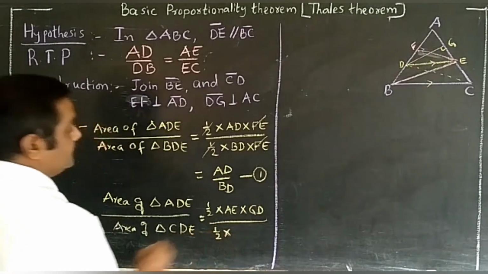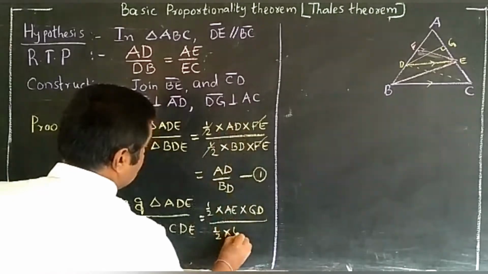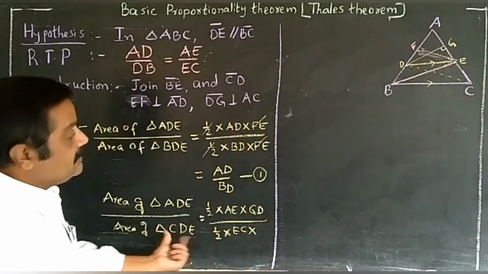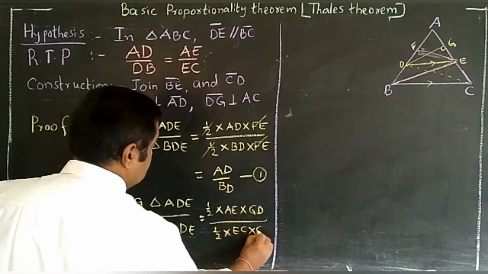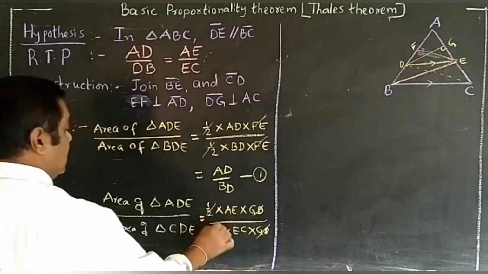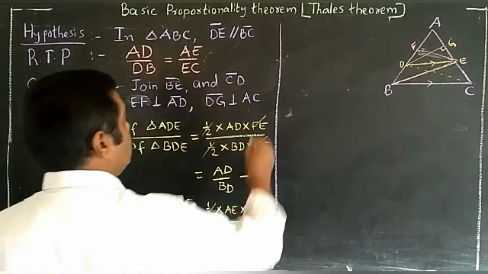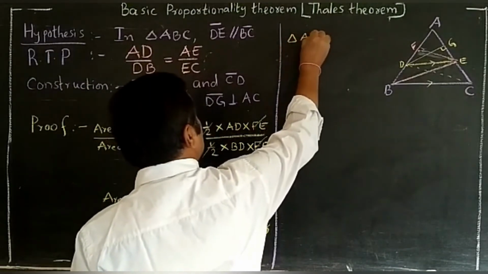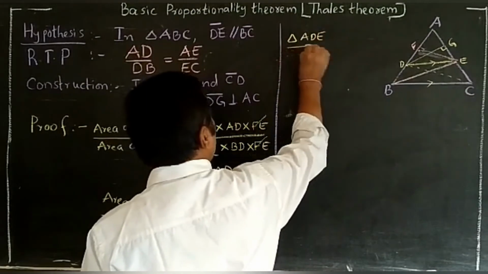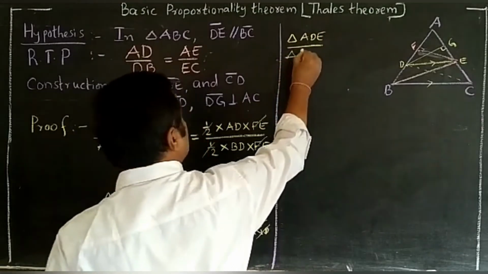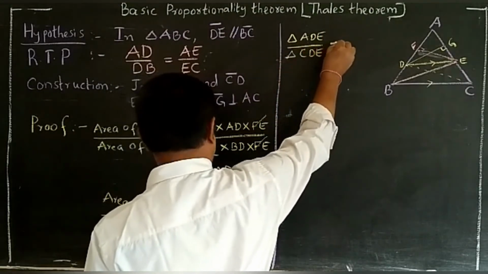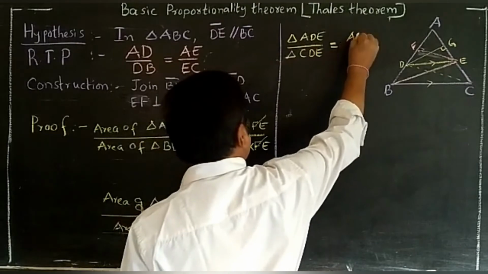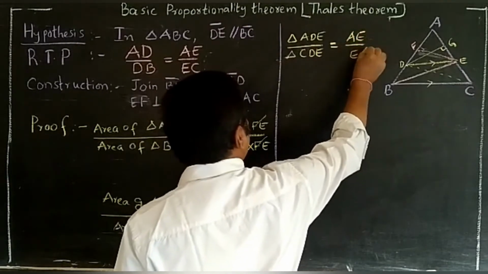Same, half into base EC for this triangle CDE and perpendicular height GD only. GD cancels, half cancels. So we got area of triangle ADE by triangle CDE is equal to AE by EC.